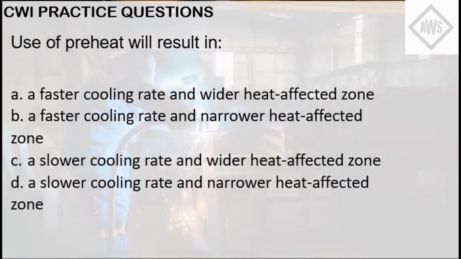Preheat helps prevent quick cooling of metals and promotes finer grain structure and helps against embrittlement. By this definition, the best answer that fits this description is letter C. It will result in slower cooling rate and wider heat affected zone since greater heat input is present in the base metal due to the preheating.